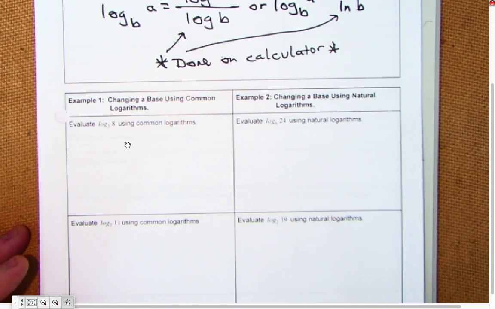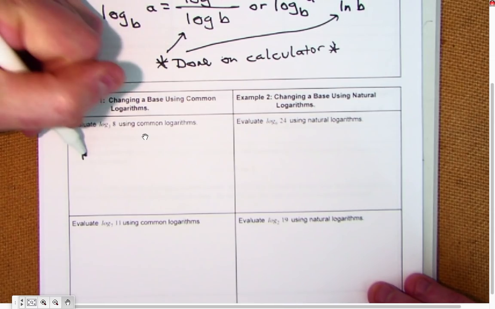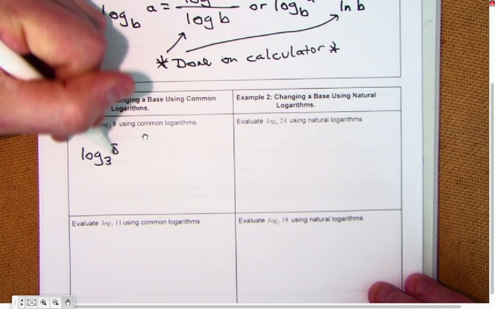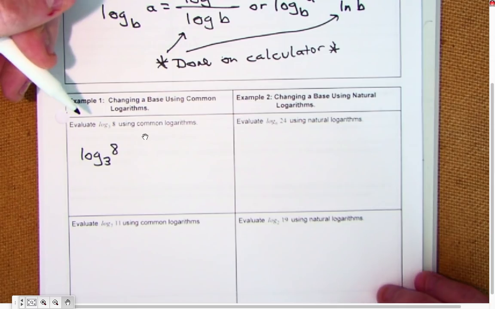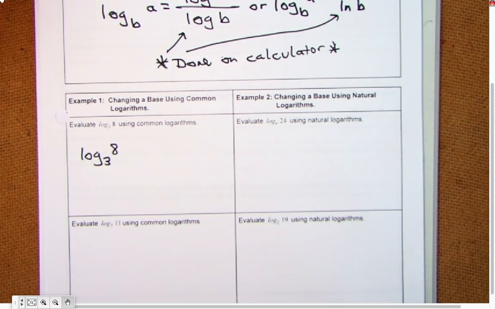So evaluate the logarithm in base 3 of 8 using common logarithms. We know logarithm base 3 of 8 is not going to come out as a nice integer exponent. It's going to be 1 point something, I'm thinking.